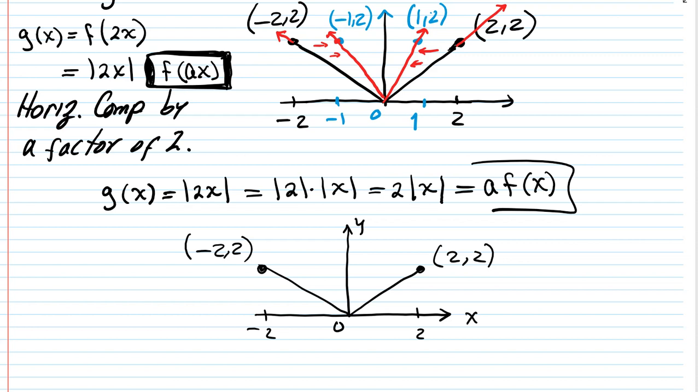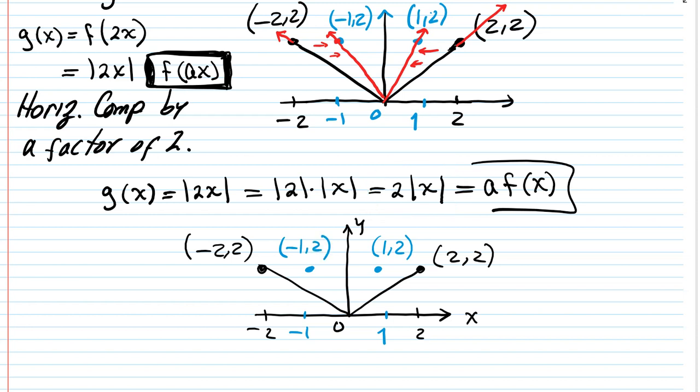When x is 1, absolute value of 1 is 1 times 2 is 2. So this point is now 1, 2. And when x is -1, absolute value of -1 is 1 times 2 is 2. And there you go. I get point -1, 2.